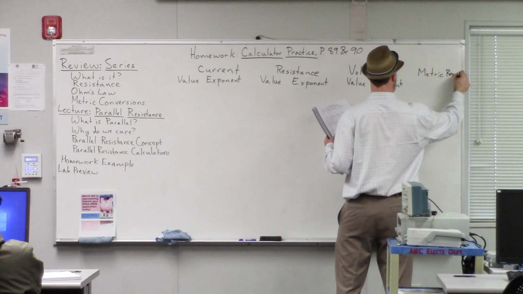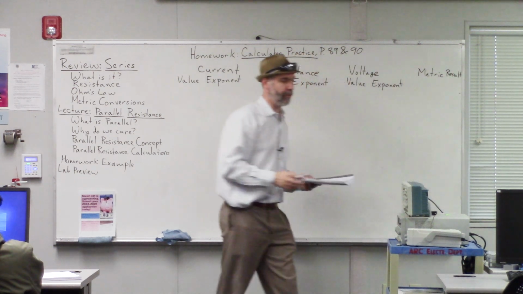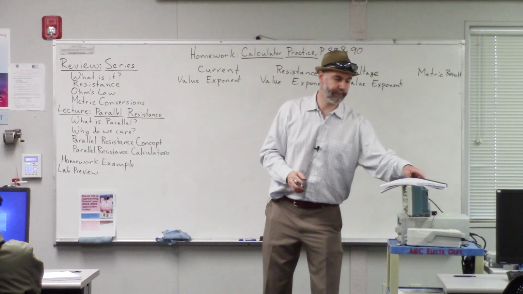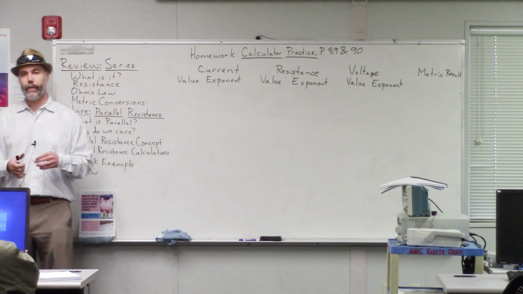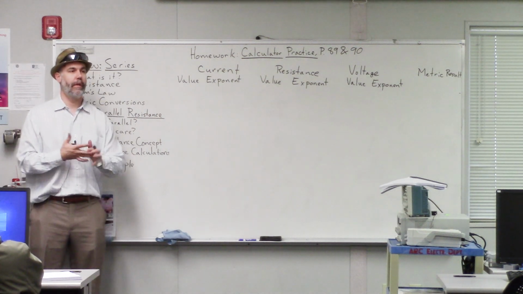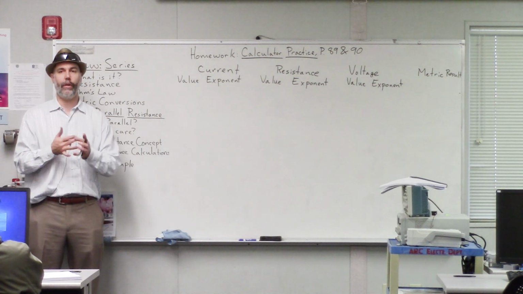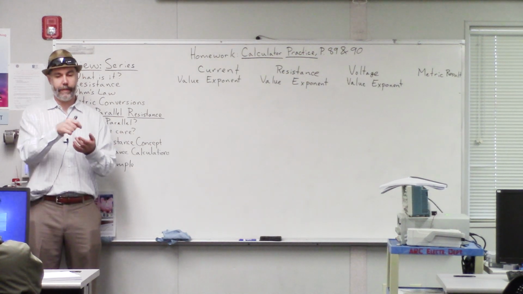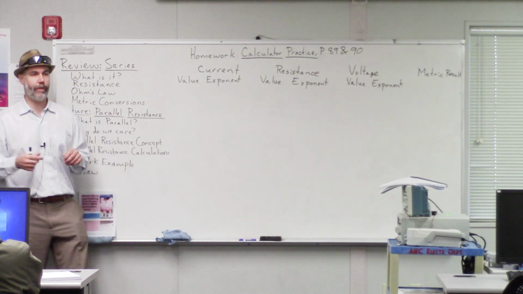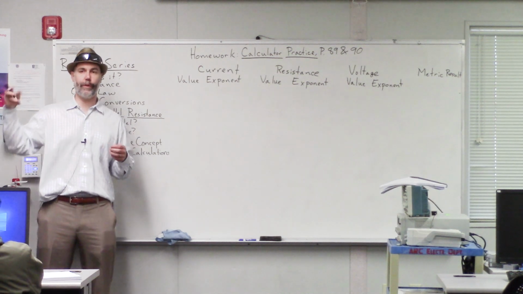So let me give you a little bit of background here. We've talked about how we can use prefixes like kilo, mega, giga, or milli, micro, nano, things like that, to write down really big or really small numbers without having to write out a whole bunch of zeros.